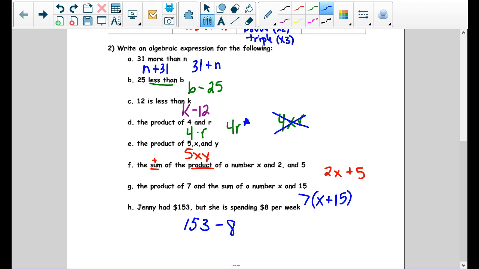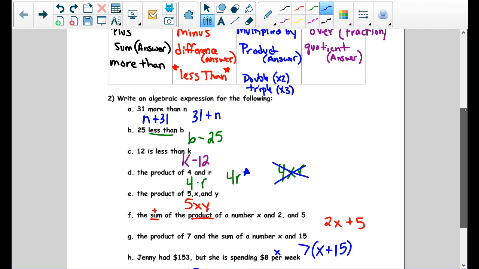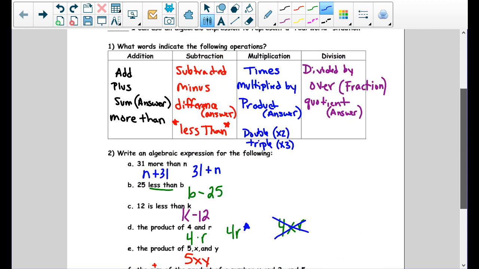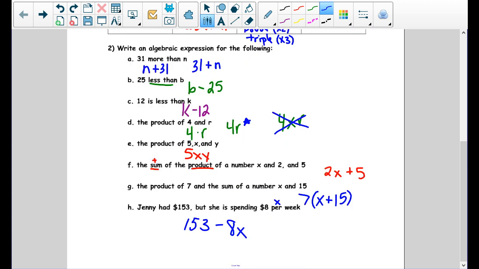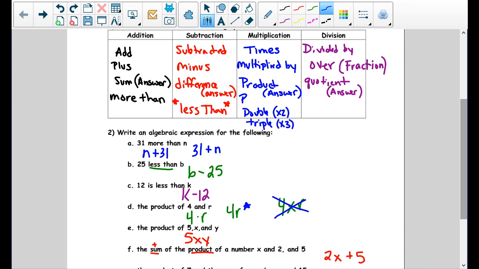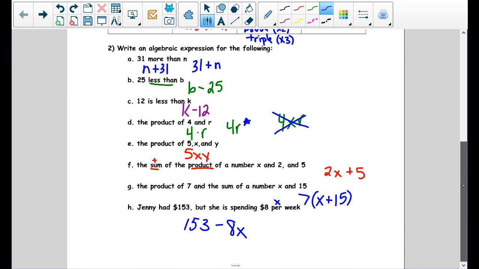Per means multiply. So 8 times x. If you want to add that to your multiplication words, per, we can squeeze it right in there. So flip it over to the back.